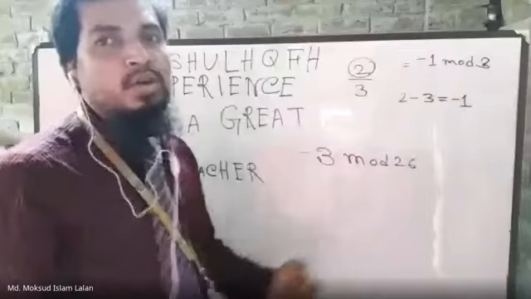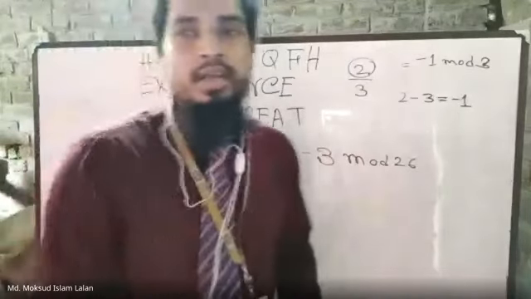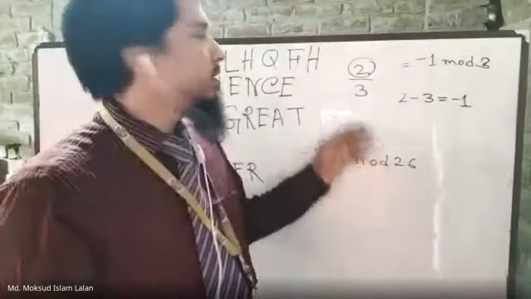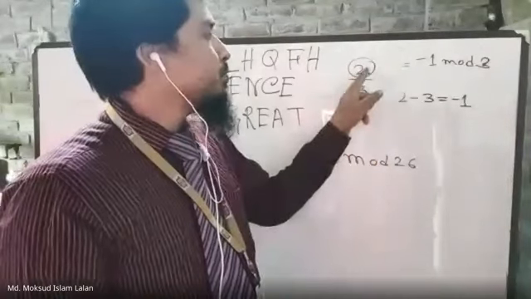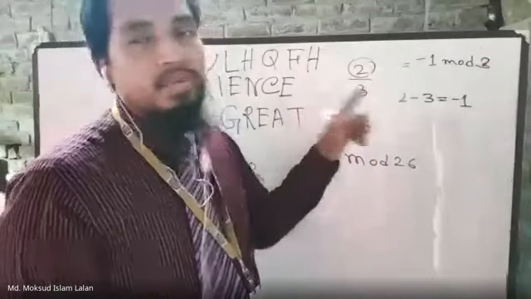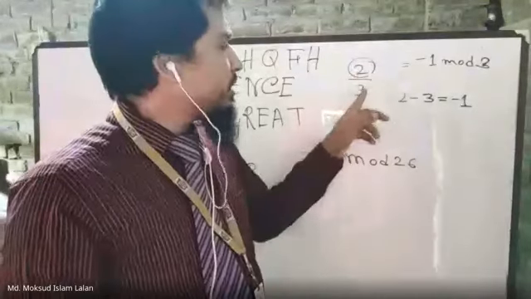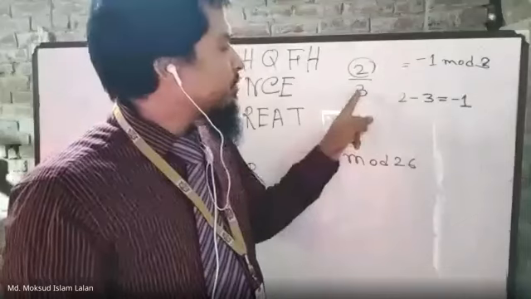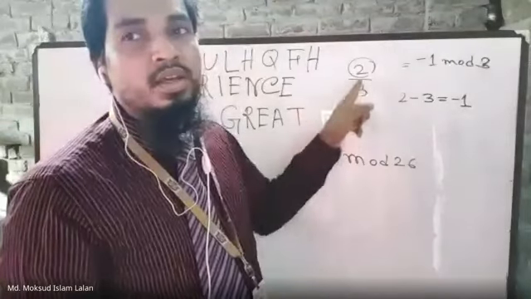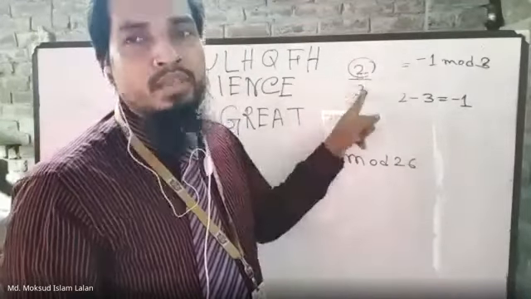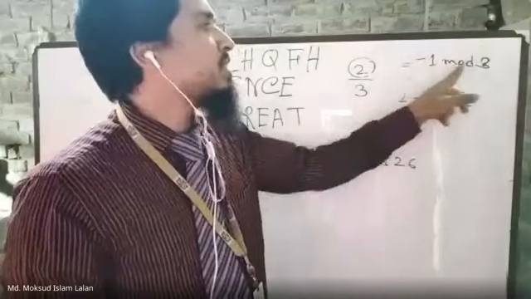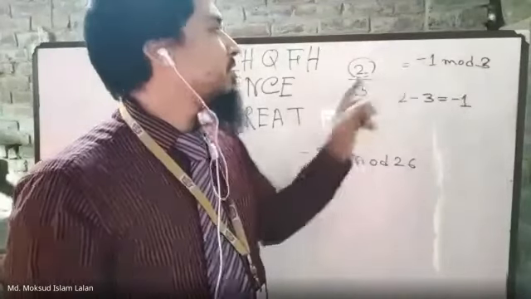Because here you are telling this 2 is a surplus, but how many things you need to add to make 3? You need one more to make 3, right, Baijit? So that's why you can say -1 is the remainder of this math.